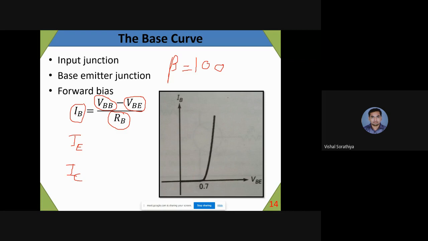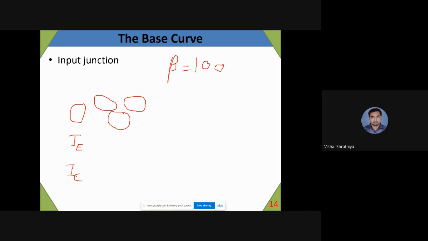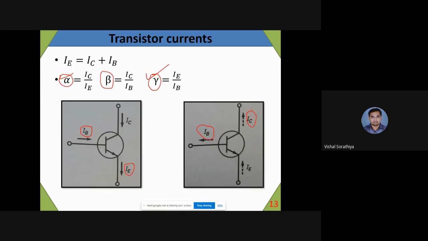If you have IB and you have beta, then by putting them in this equation you can find the IC. Once you have IC and you already have IB, you can find the IE from that. Once you find IE, by putting IE in this equation you can find the alpha, and by putting IE in the other equation you can find the gamma.